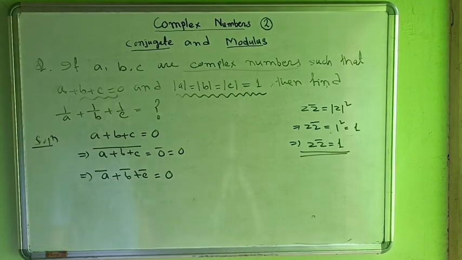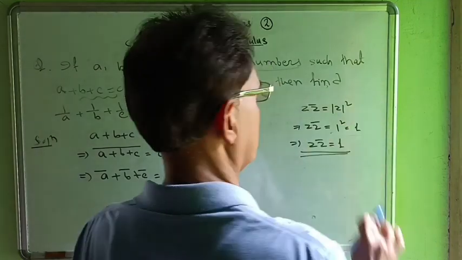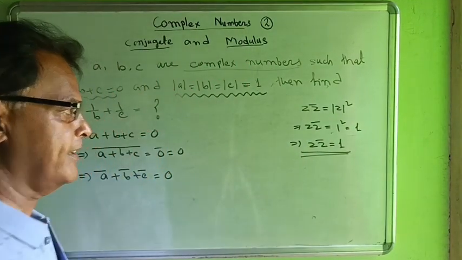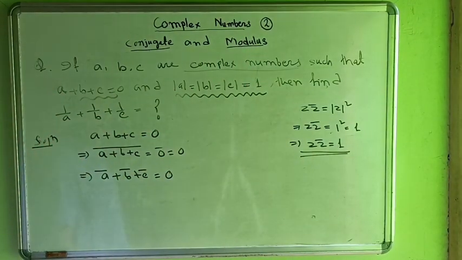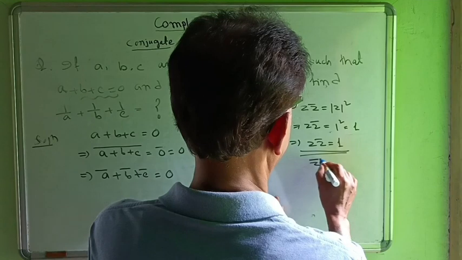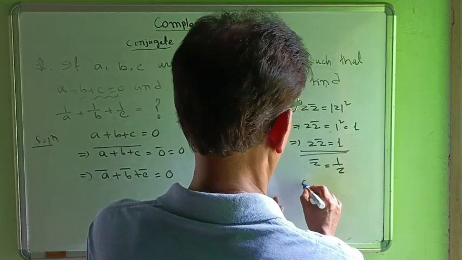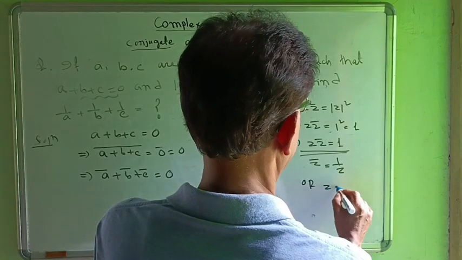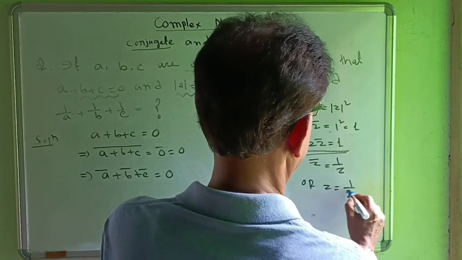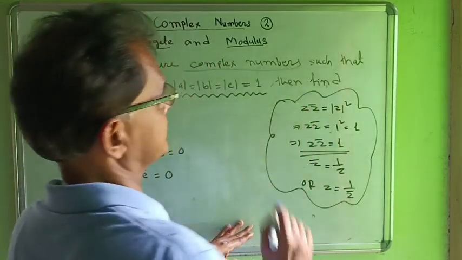In case z is unimodular, that means mod of z is equal to 1, then we can say that z is a unimodular complex number. Therefore, from here we can say that z bar equal to what? 1 by z. Or we can say z equal to 1 by z bar. And those are the very important points.